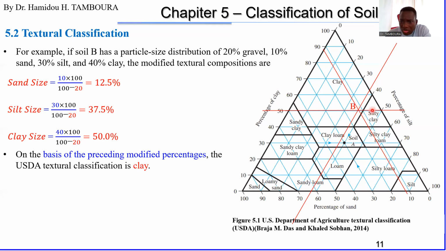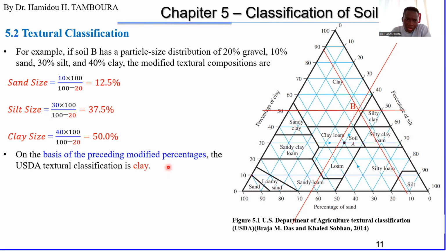And if you see this block here, what should it be? As you can see, all soil that falls in this block will be clay. Okay, that's why according to this US Department of Agriculture classification system, this B soil will be clay.